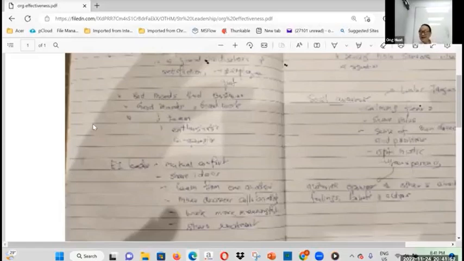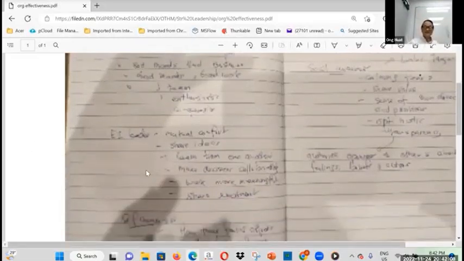Then again, an effective organization needs to have what we call EQ, right? So what is EQ here? Look at it: EQ, we are talking about mutual comfort. My writing really looks like a doctor's.